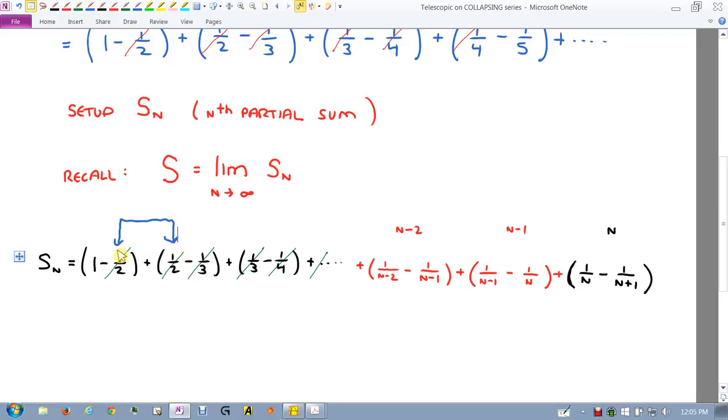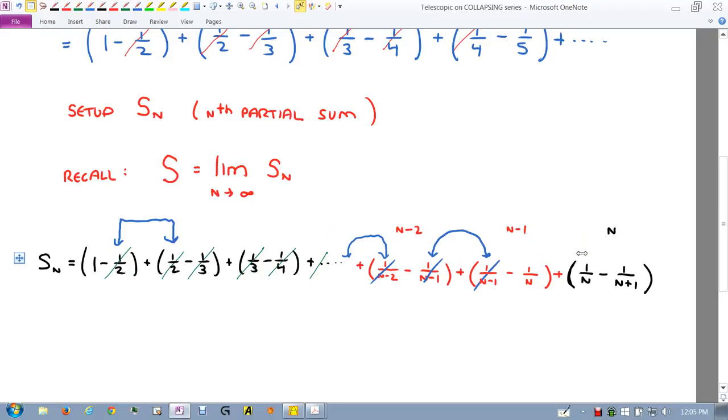So second guys kill off first guys to the right. That means first guys get killed off by second ones in front. So this guy gets killed off by the one in front. This is a second guy, isn't it? Second guys kill off first guys to the right. So this guy is going to get killed off over here.